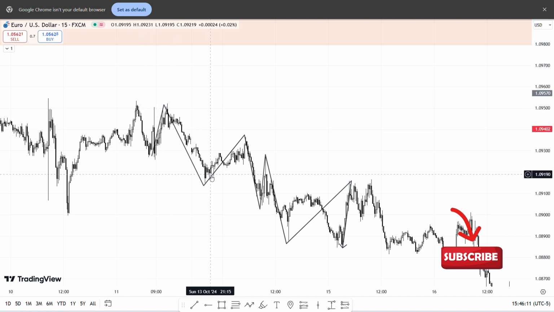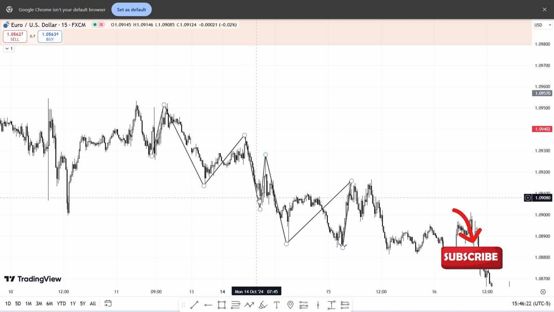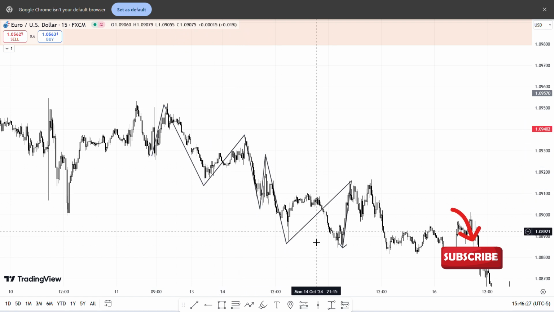It creates a series of lower lows and lower highs in between, which means delivering price to the higher time frame. So this is moving high, low, high, low, high. Lower low, lower high, lower low, lower high. In this direction, you know that the market is moving bearish.